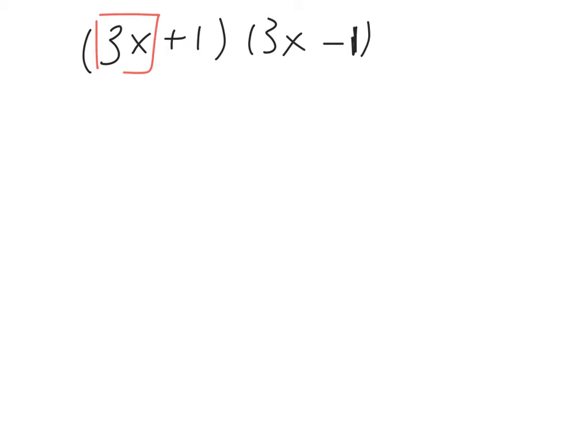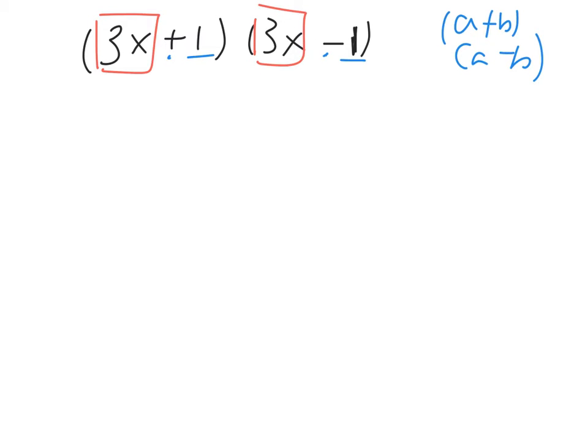Let's see another example. When I say 3x plus 1 and 3x minus 1, and when you compare here, you find that both are 3x, and this 2 is 1, and 1 plus, 1 minus. As a result, it is also the a plus b and a minus b format.